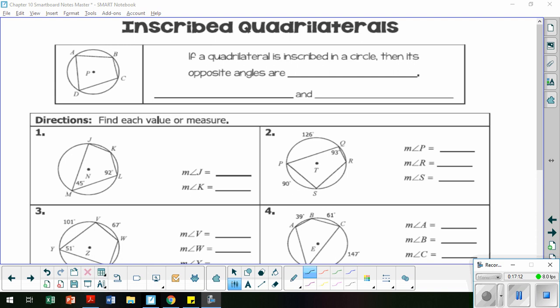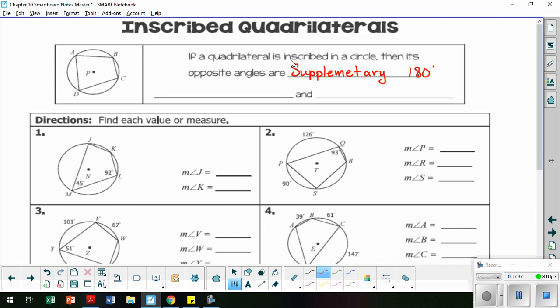Okay, next page. Inscribed quadrilaterals. So you got that quadrilateral inside the circle. If a quadrilateral is inscribed in a circle, then its opposite angles are supplementary, meaning 180.